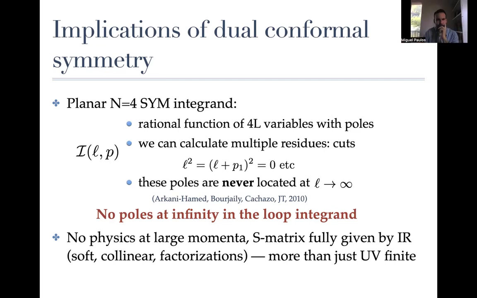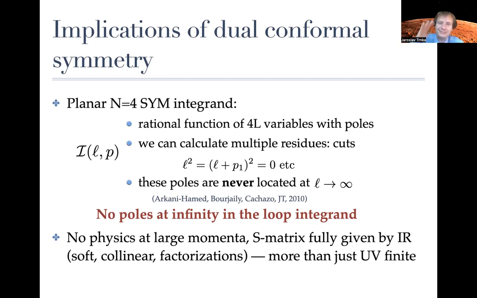It's just that these poles don't generate a divergence. The singularity at infinity is too weak, and it doesn't generate a UV divergence. But in N=4 super-Yang-Mills, there are no such poles. Note that this is a little more than sending L to infinity, because the pole at infinity may be, for example, at some complex momentum.